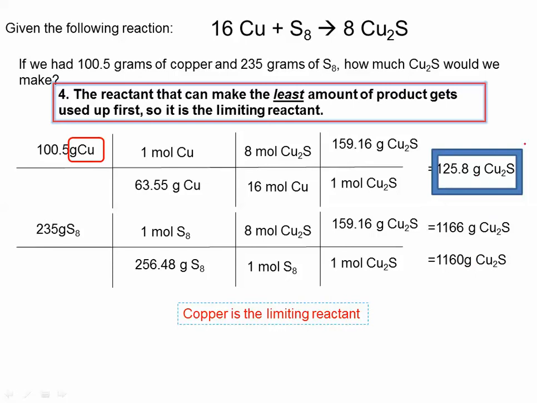So this is how much copper sulfide we can produce, but the question is, what is the limiting reactant? So you have to go back. Copper is the limiting reactant. Make sure you don't identify copper(I) sulfide as the limiting reactant. That's the product.